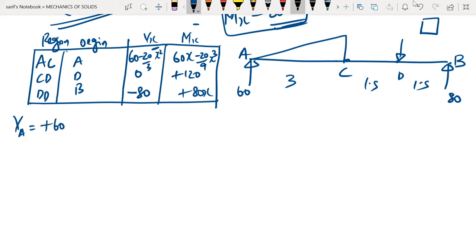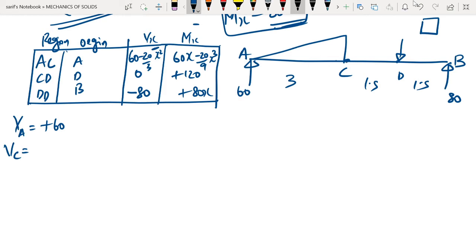Next point is the shear force at the point C. Shear force at the point C will have only one single value, because we do not have any concentrated force. There will be a sudden jump in the shear force only if there is a concentrated force.